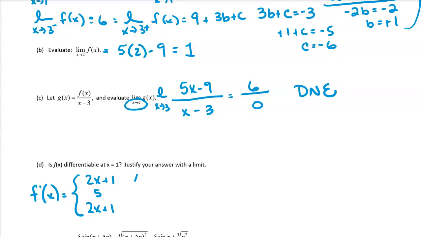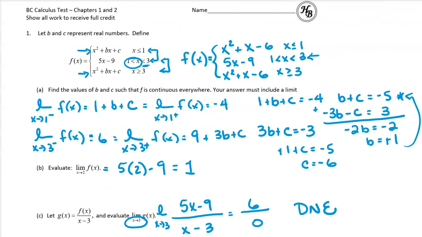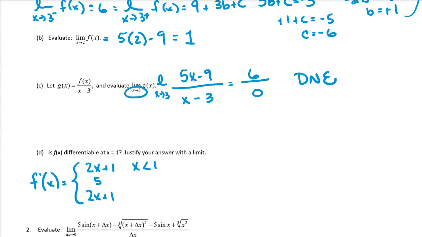This would be x, make sure I get my numbers right, less than 1, between 1 and 3. I really don't even need the last part of it because I'm just looking at whether it's differentiable at 1, but I'm going to go ahead and finish it up, x greater than 3.